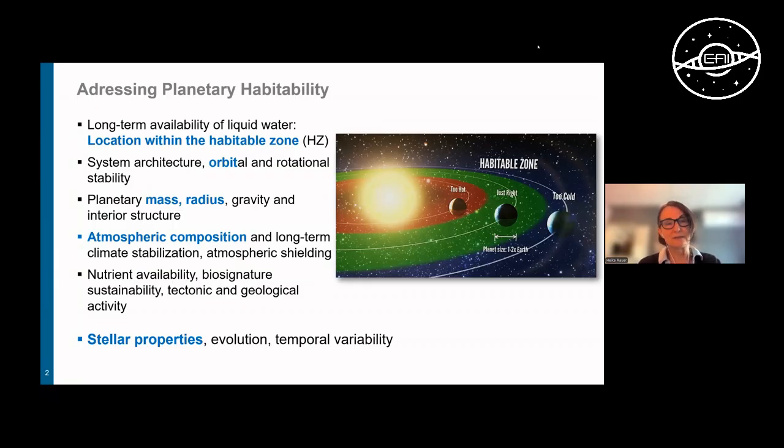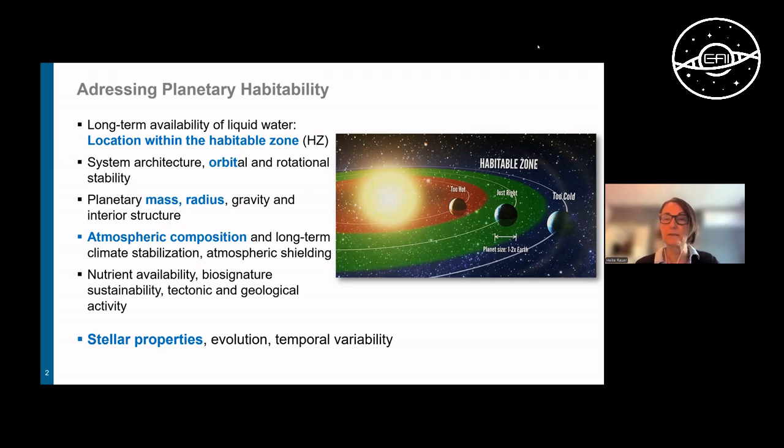This is in the context of astrobiology. I made a list of some main points that affect planetary habitability, the capability of a planet to host life. One of the most important parameters is the location of the planet in the habitable zone.